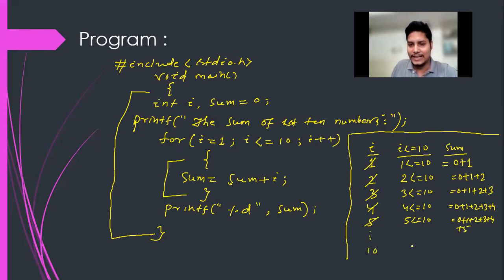When the value of i is 10, 10 <= 10, yes. Here 10 is equal to 10, that means the test expression is true. So the sum value will be sum plus i, finally sum plus 10.